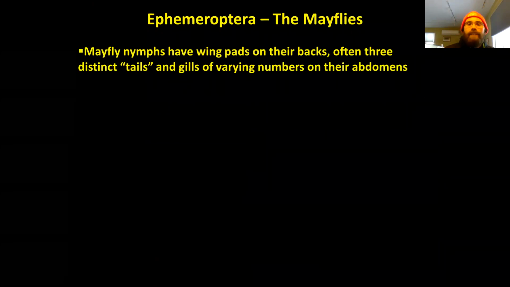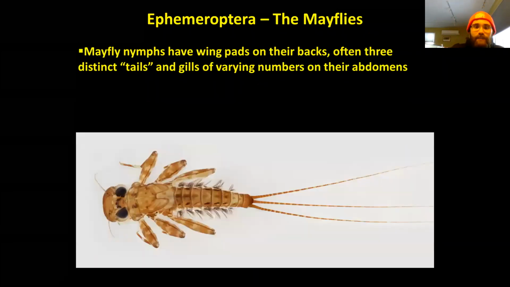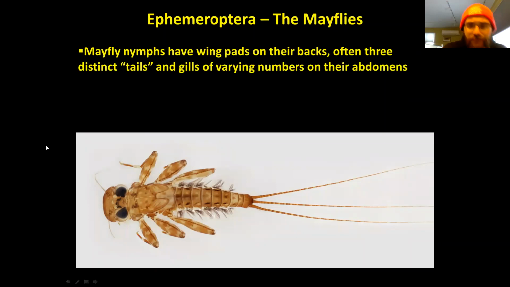Mayfly nymphs have wing pads on their backs. So you can see right in here where their wings will end up developing. And they often have 3 distinct tails. So you can see 1, 2, 3. The 2 that are on the very outermost are known as cerci. And cerci are sensory appendages that are used to basically figure out what's going on in the area.